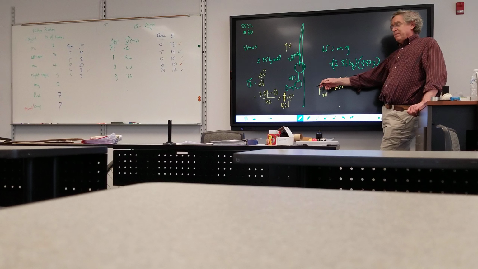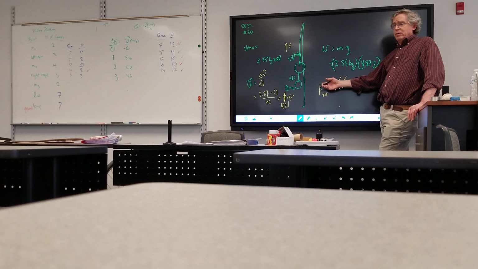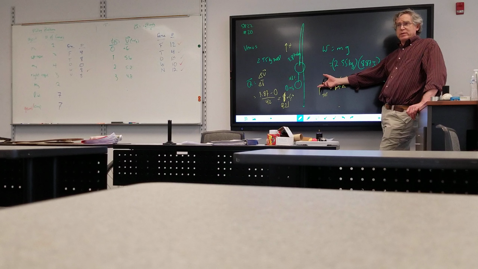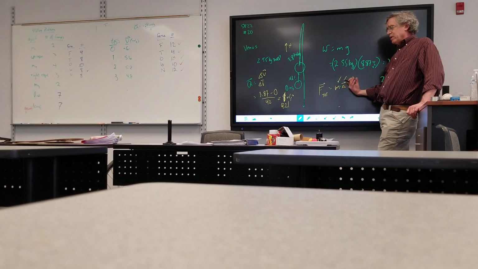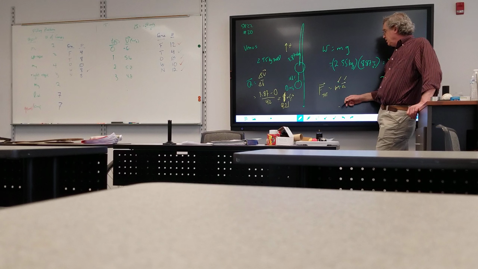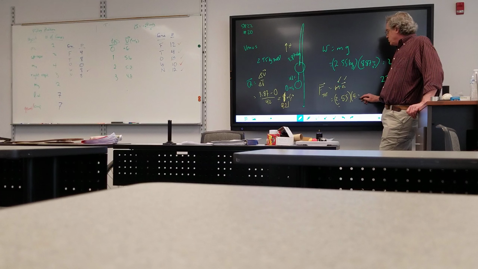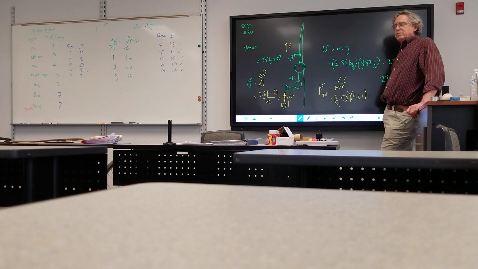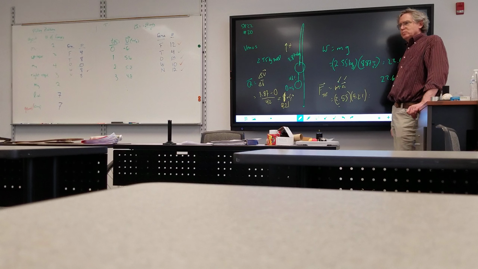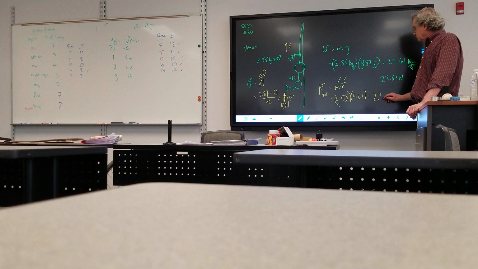If it came out with a different number, just keep working through it using the number that you have. That way you can get full credit for this and I only take off for that. So this becomes 2.55 times 9.21, which is 23.48.